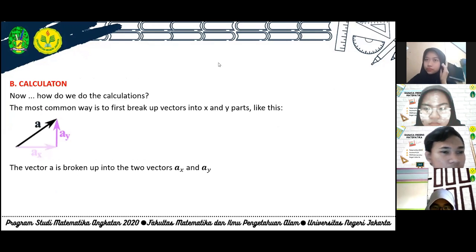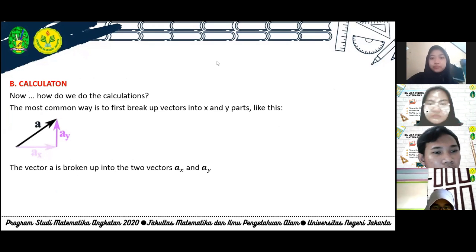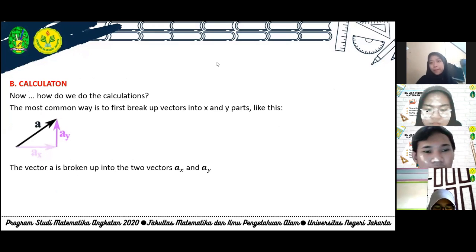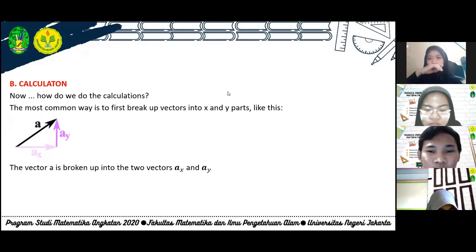Next is calculation. Now, how do we do the calculation? The most common way is to first break up the vector into x and y parts, like this.